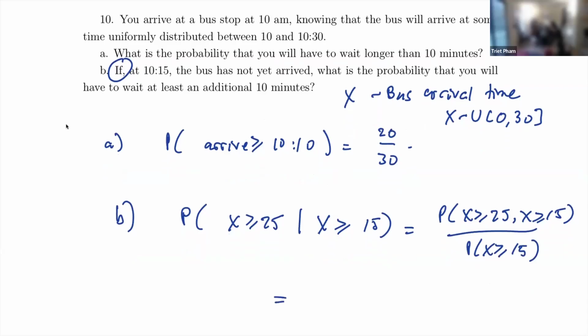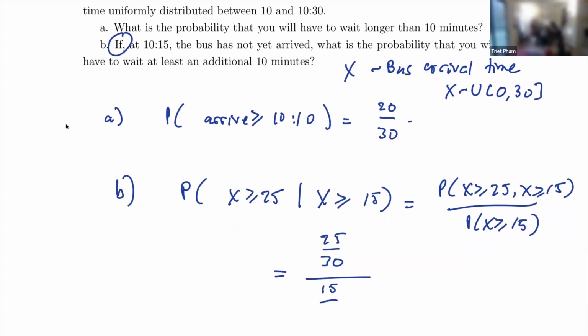The top is X bigger than 25, so it's 25 over 30 divided by 15 over 30. Sorry, not 25, I'm not thinking. It's 5, because 25 to 30 is 5. So that's 5 over 15, which is 1/3.